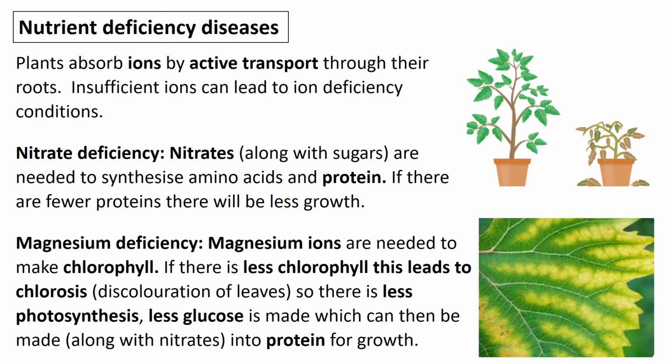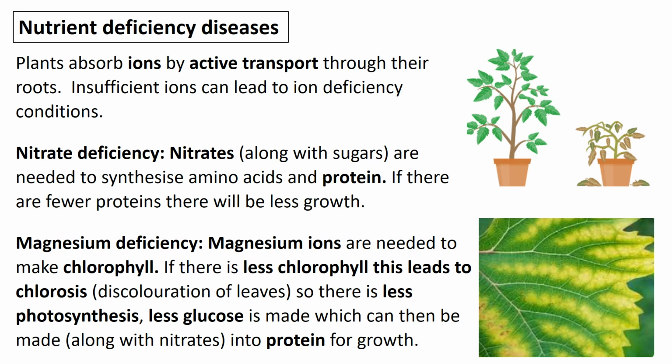The nutrient deficient diseases are quite important because their mechanism for absorbing these ions is always through active transport in the roots. So they've obviously got to have enough nutrients in the soil to be able to do this, and also have enough energy released from respiration for active transport to occur. So nutrient deficiency diseases can be quite common, but they may have different reasons for happening.